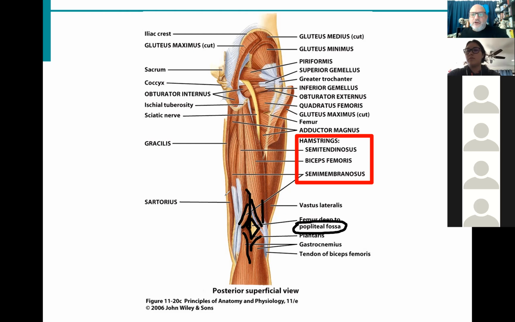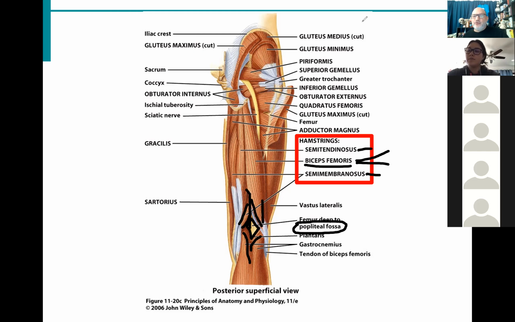Now, notice there are three muscles that make up the hamstrings: the semitendinosus, the semimembranosus, and the third is the biceps femoris. But with a name like biceps femoris, what does that tell you? Two bellies.